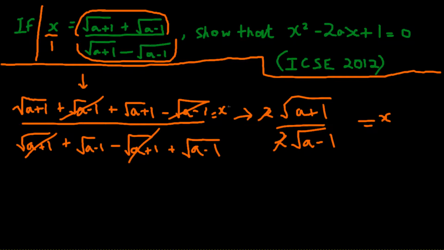Sorry for cramping it up, but I totally forgot about this. I'm going to erase the arrow so I have space. So what you get is a plus b upon a minus b, which is nothing but x plus 1 upon x minus 1. I'm going to write it again here.